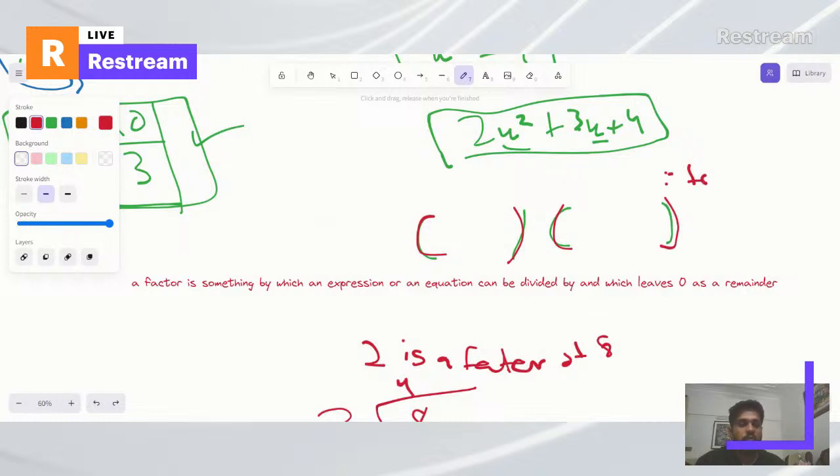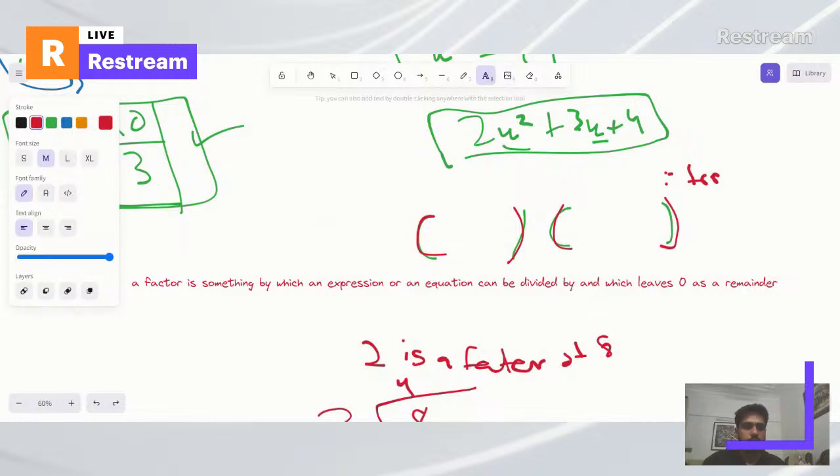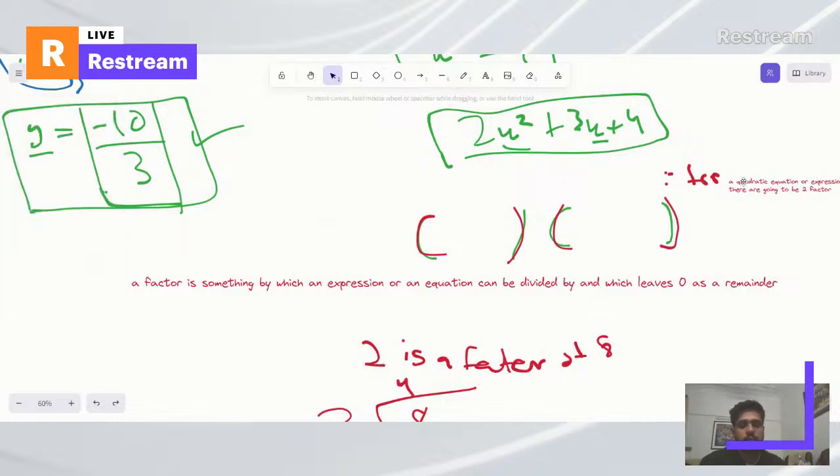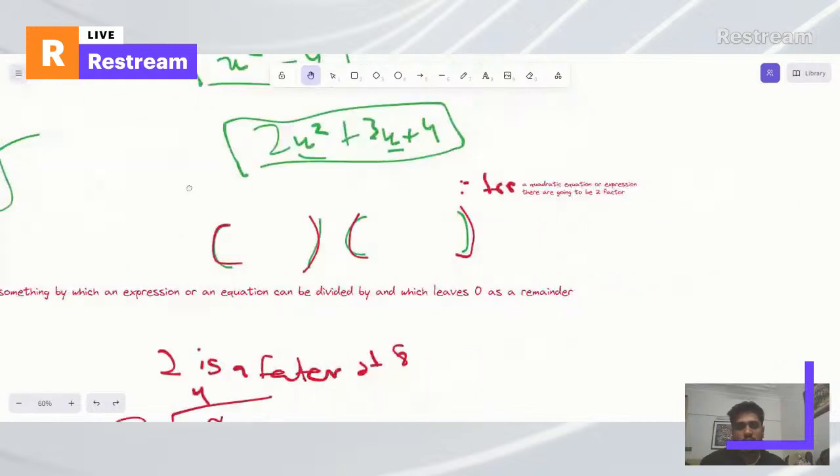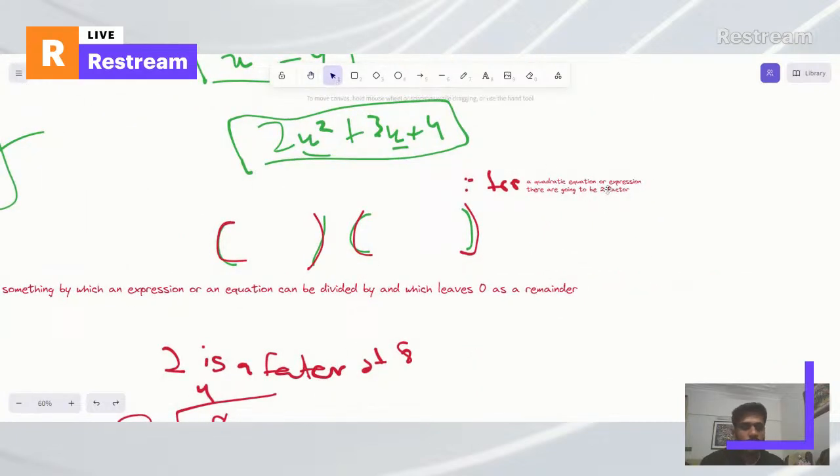Something to note down: for a quadratic equation or expression, there are going to be two factors always. Okay, so there are going to be two expressions, and that's a standard. Right, that is something which is not going to be changed. Do all of you understand this?